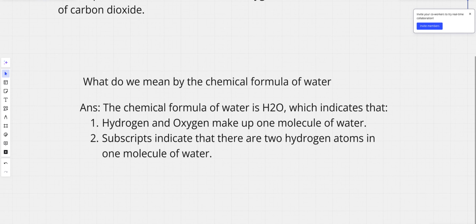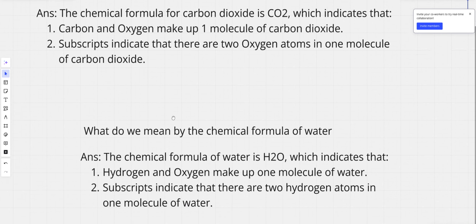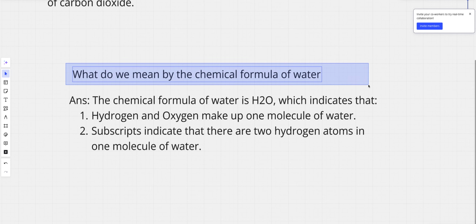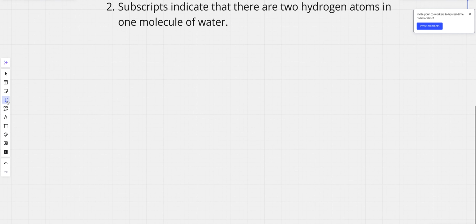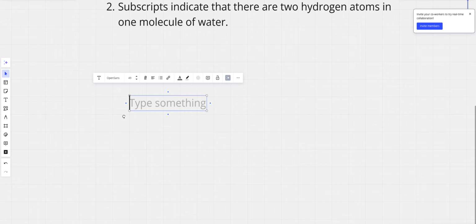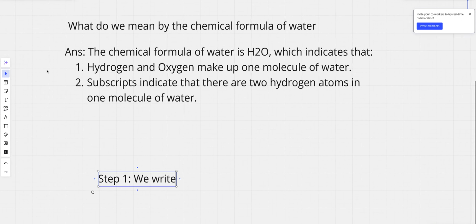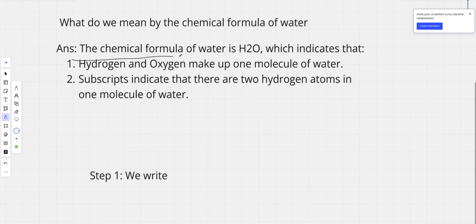Basically, we have a format to answer these types of questions. Step one, we write this part. We mention the chemical formula.